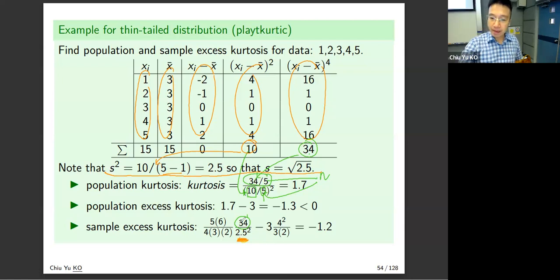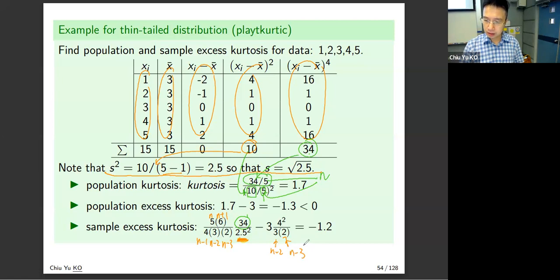Okay. And the rest will be just, this is n, right? This is n plus 1, n minus 1, n minus 2, n minus 3. Right? And this is n minus 2. This is n minus 3. Right?